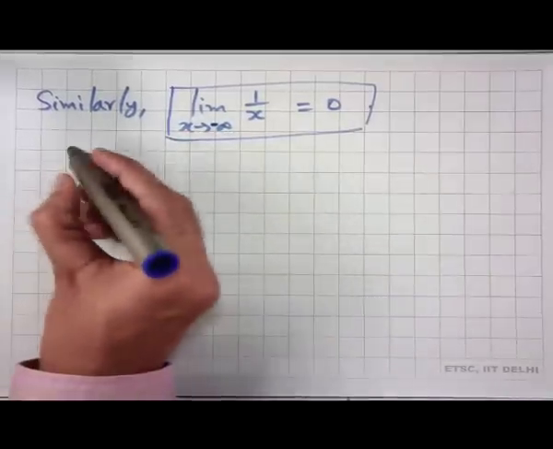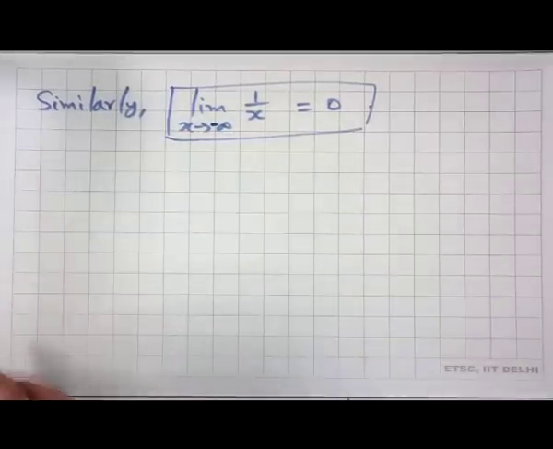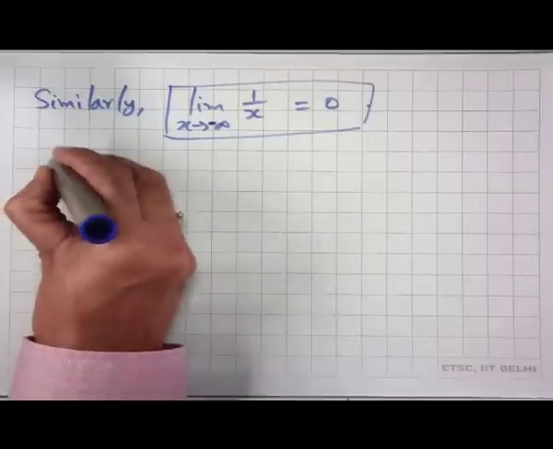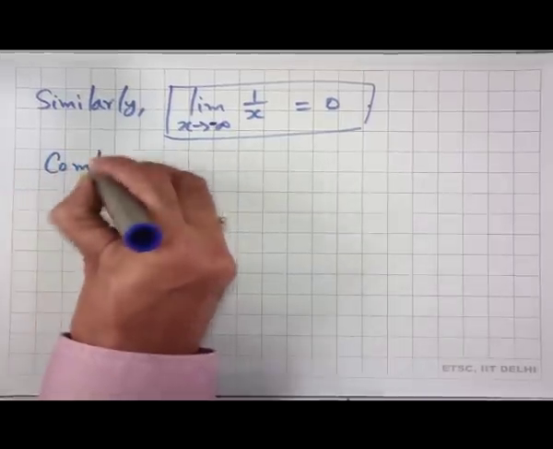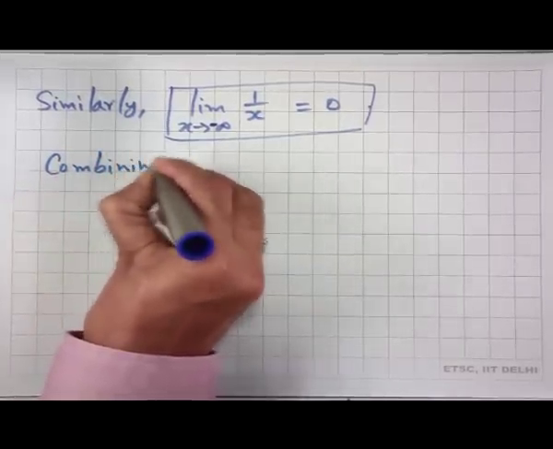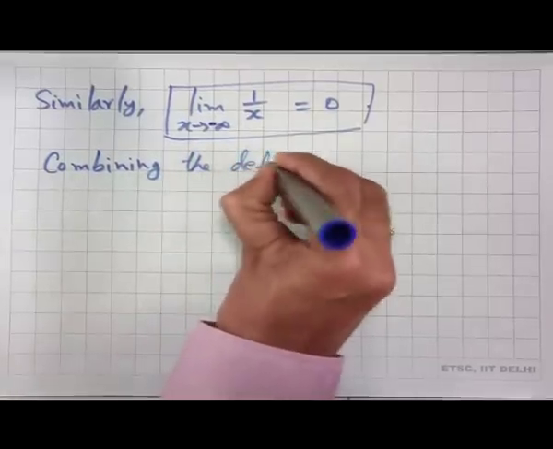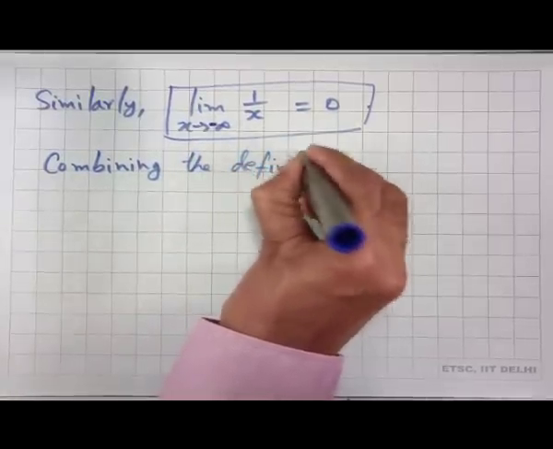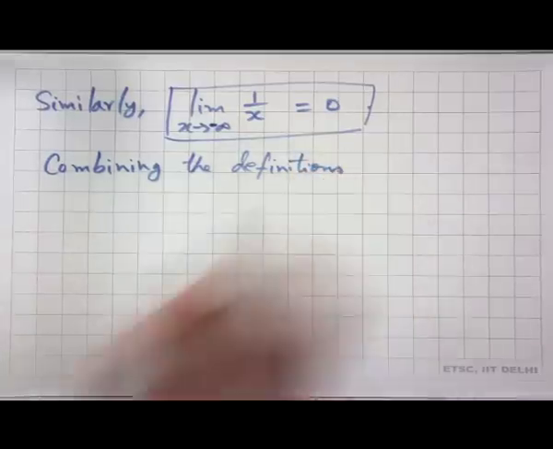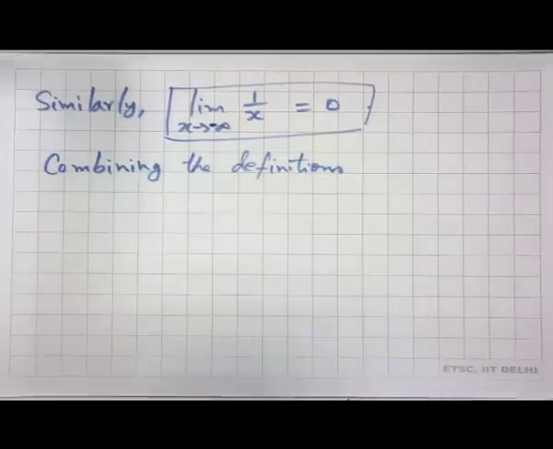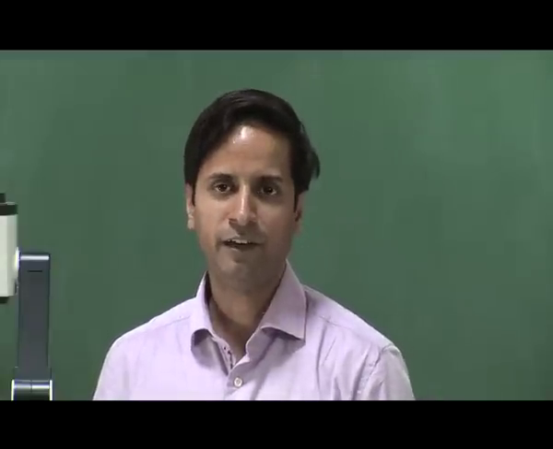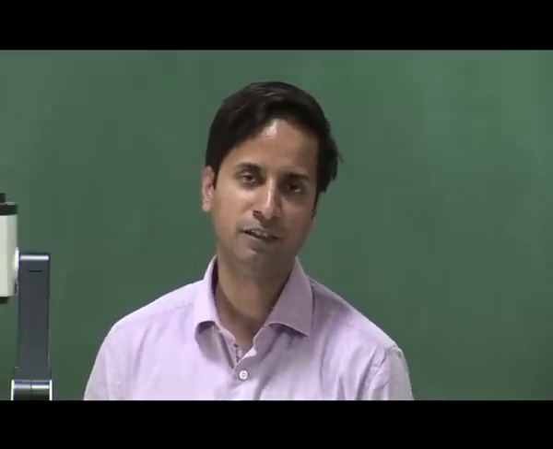Now, let us combine these two things. So, combining the definitions, so we have seen one is the definition of limit being infinity, and another one is the limit at infinity.